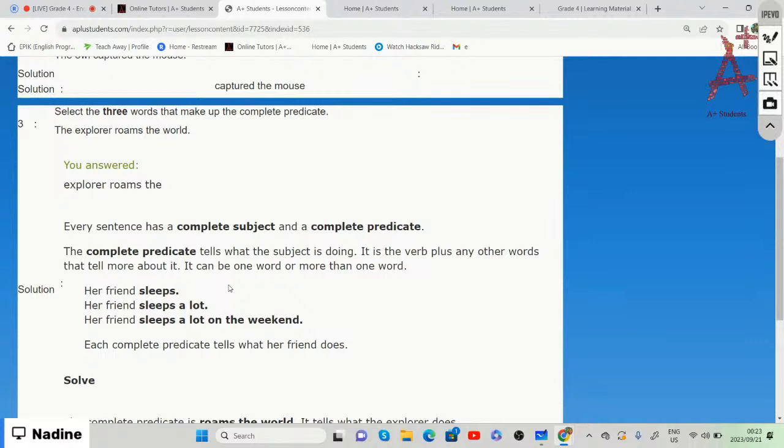So any other words that give us information about the subject or what the subject is doing, that is the predicate. And the predicate can either be one word, which is just your normal verb, or it can be more than one word. Like we say, any other words that tell us more about the subject. So any other words that give us more information, that is the predicate.